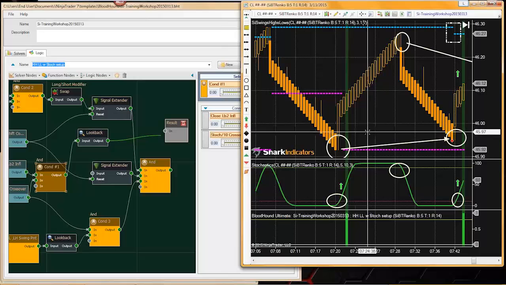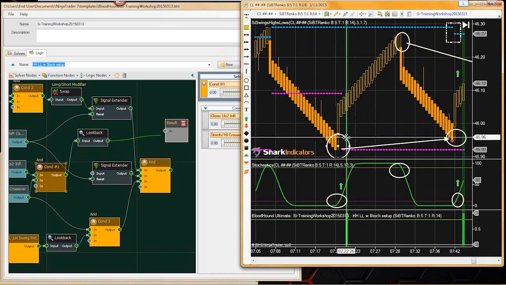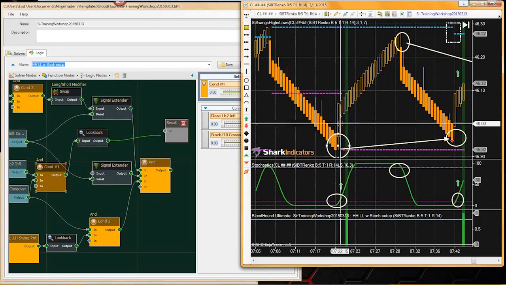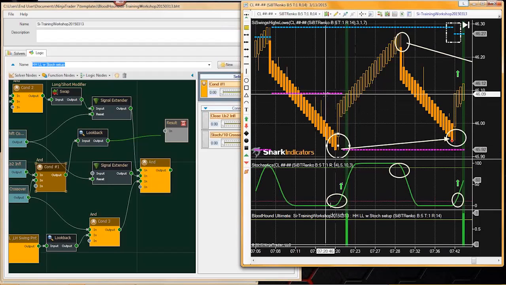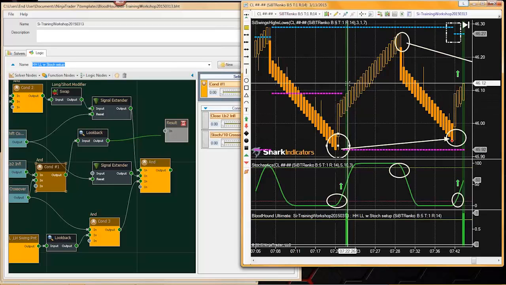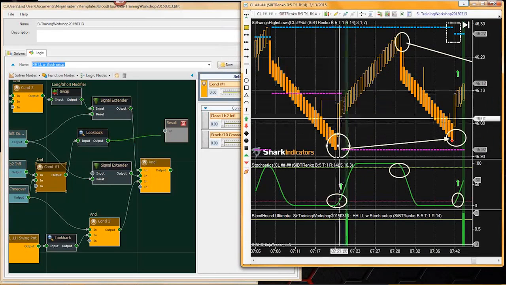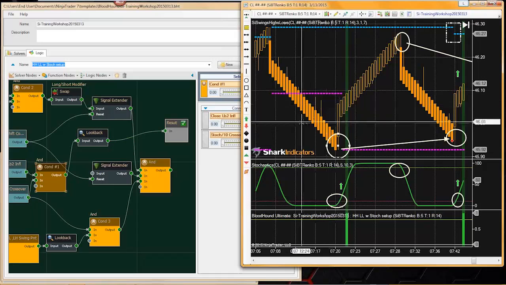Now condition 1, I shifted it forward a couple of bars so that we actually get the signal after our swing high-low plot does its little change. So we're actually getting a signal after the reset happens.